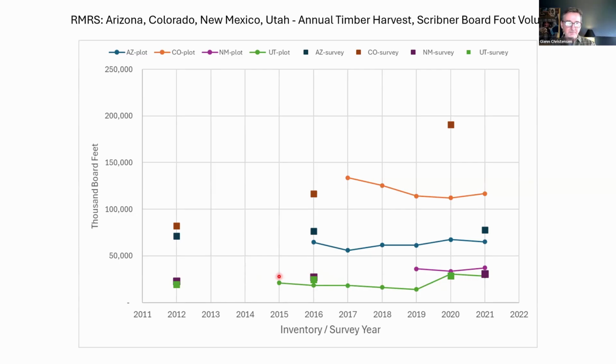Then the purple is New Mexico, with the two different census surveys and then the plot-based estimates. Then you have the blue lines, which is Arizona, and the one above is Colorado. The one that really stands out, of course, is this one here, and it's going in a different direction.